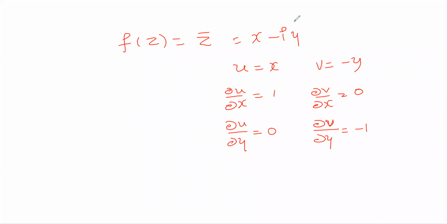Is it satisfying the CR equations? No, sir. Dou u by dou x is not equal to dou v by dou y. So that means the function is not satisfying the CR equations.